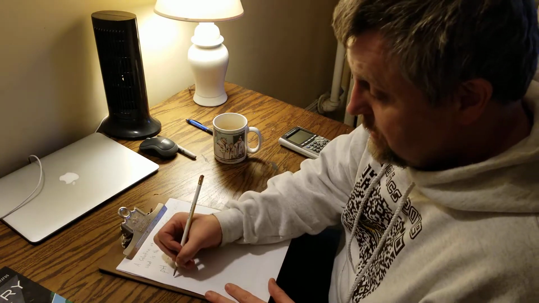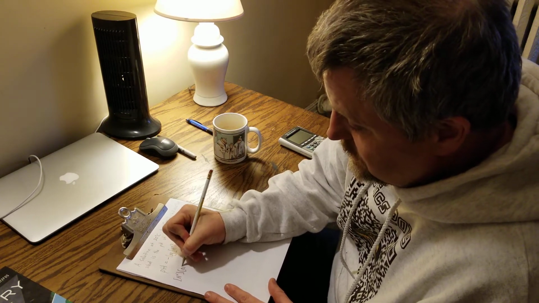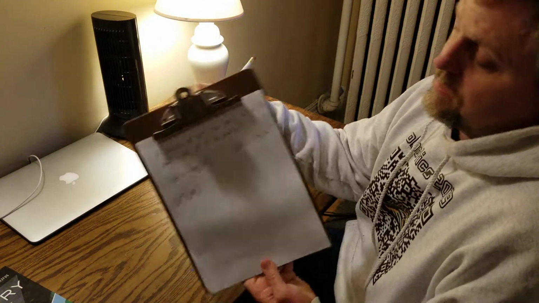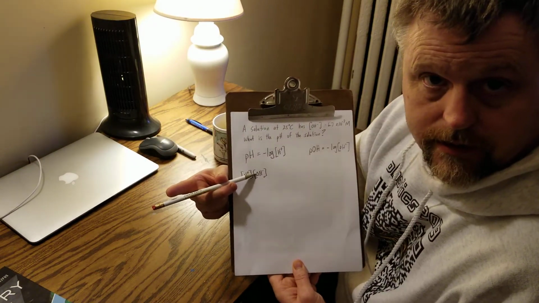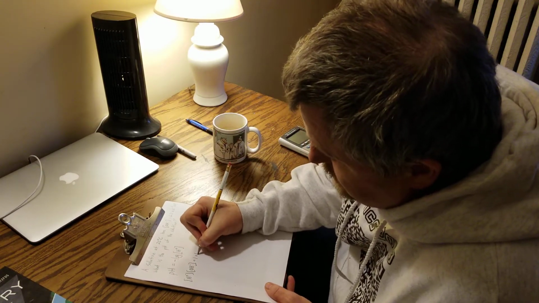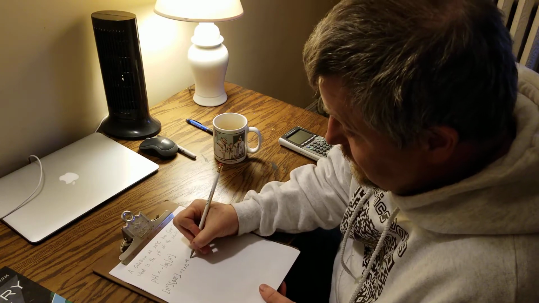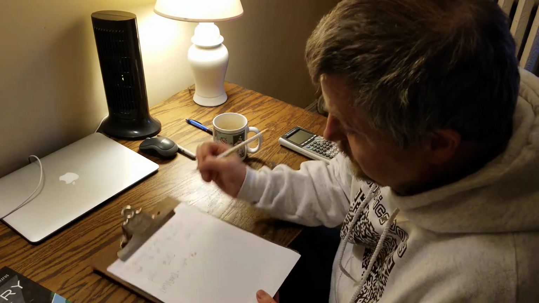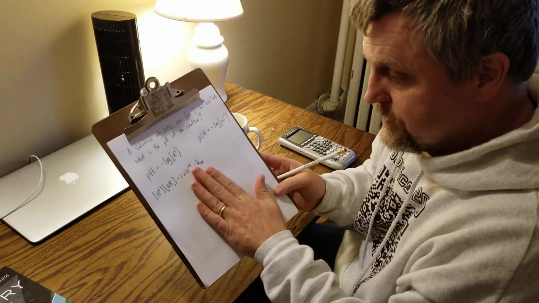The first way is knowing how the concentration of hydrogen and the concentration of hydroxide work. Well, this is equal to 1 times 10 to the negative 14, which is our equilibrium expression for water. And you should have learned this as well.